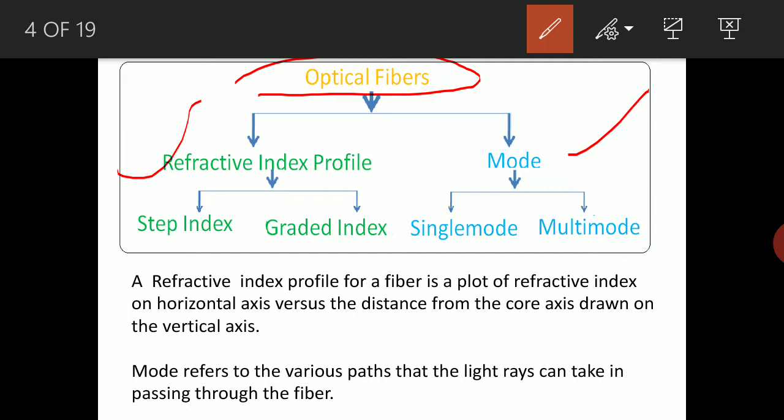On the basis of the refractive index, there are two types: the step index and the graded index. Similarly, in the mode, there are two types: single mode and multi-mode. The refractive index, the mode concept, step index, graded index, single mode, multi-mode, everything we will discuss in detail.